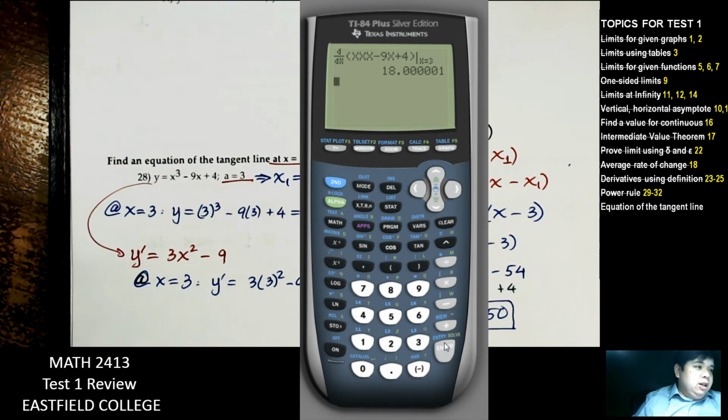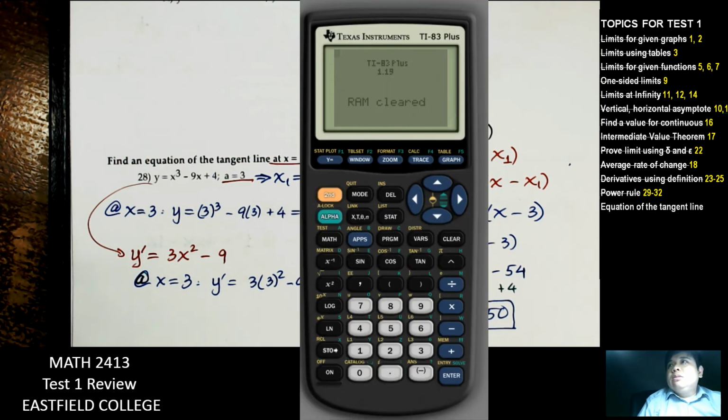Not perfect. By the way, let me switch the calculator because it might look different on the other calculator. Again, math number 8.